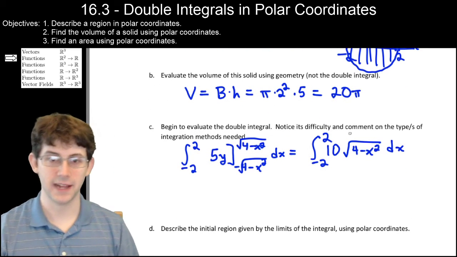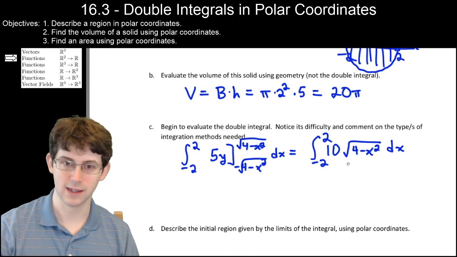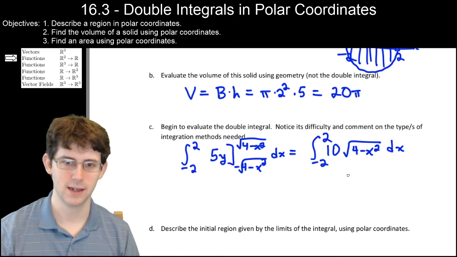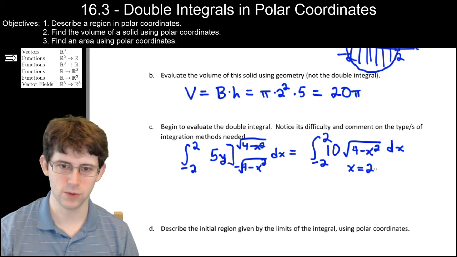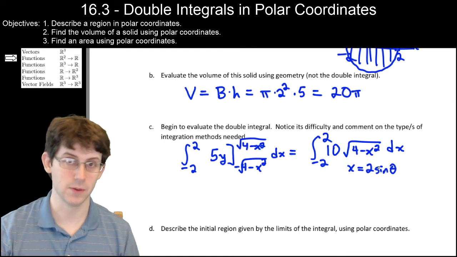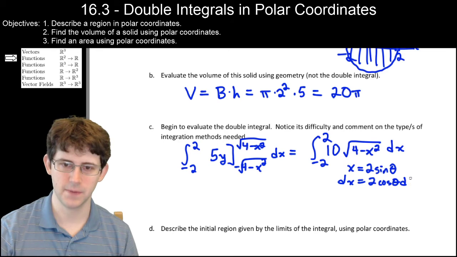I don't know if this is a flashback for you from Calc 2, but this is a trigonometric substitution because I have no x on the outside to make this into a u substitution. So I'll let x be 2 sine theta. That way I'll get 4 minus 4 sine squared theta, which I can actually deal with. Dx will be 2 cosine theta d theta.